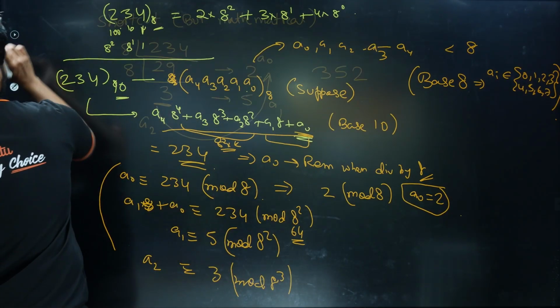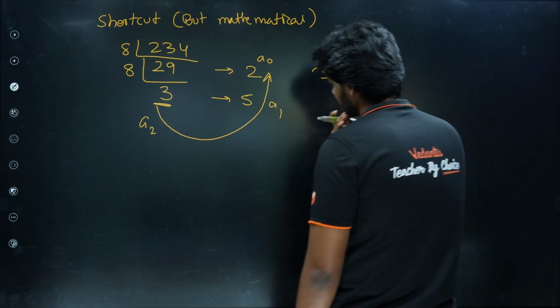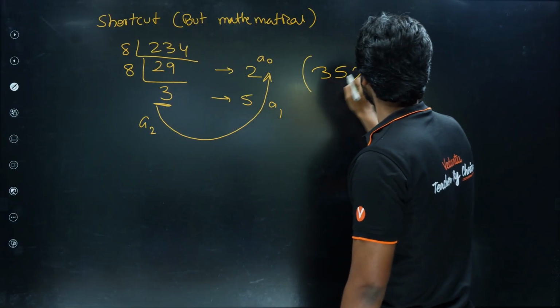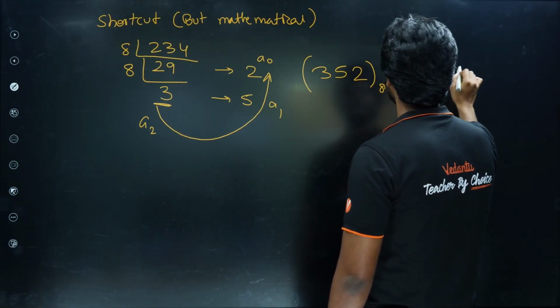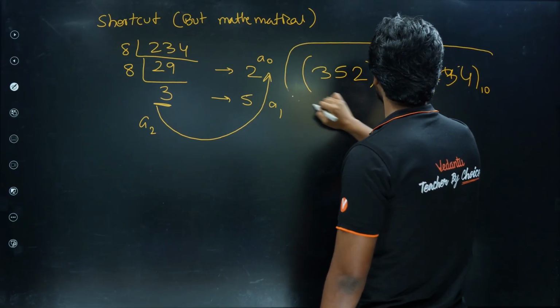So that's the idea, that's how you convert, right? Now, so this is 352 base 8. This is equal to 234 base 10. This is the conversion.